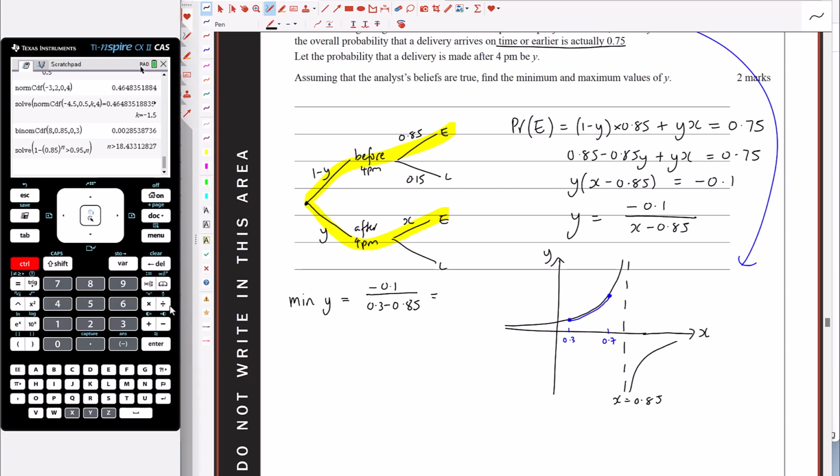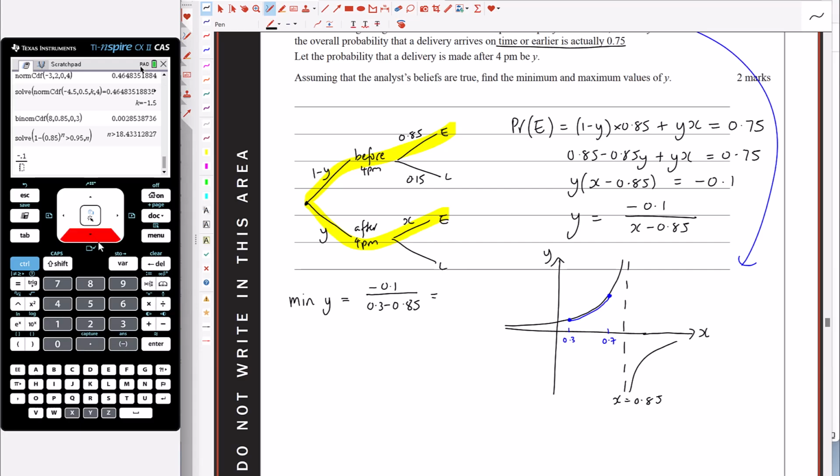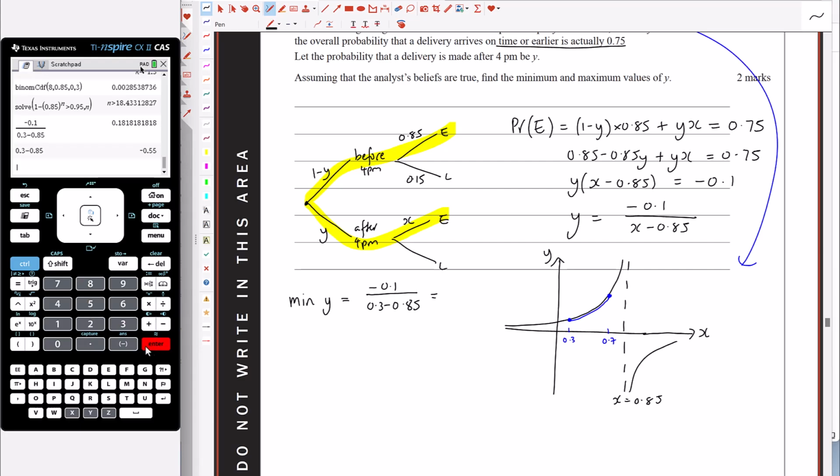We actually want that to be exact, so 0.3 minus 0.85. So this is actually negative 0.1 over negative 0.55, which means it's 10 on 55. 5 is a common factor there, so 2 on 11.